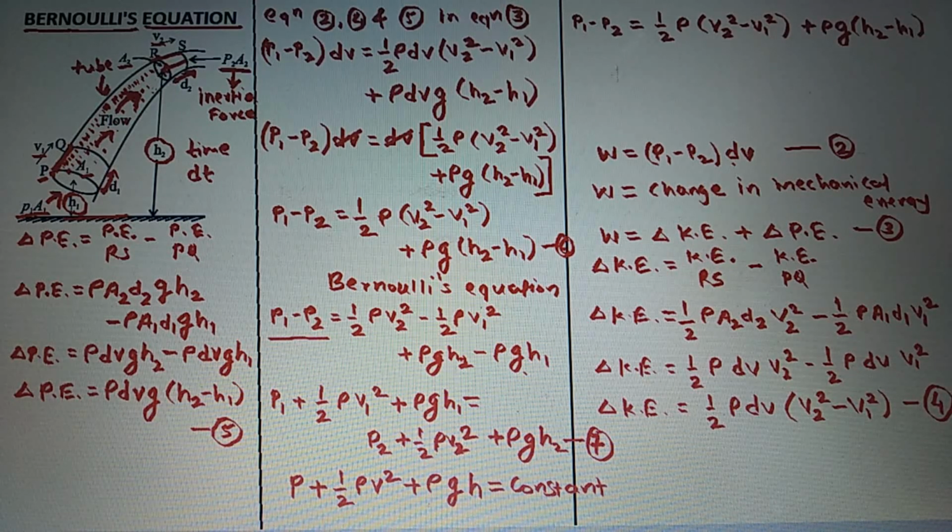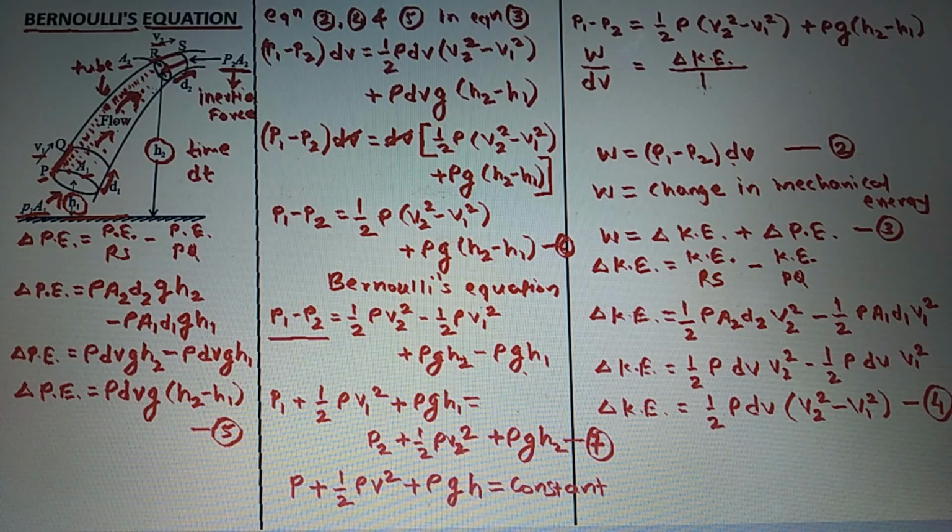So we can define this Bernoulli's equation as the work done per unit volume of a fluid is equal to the sum of change in kinetic energy per unit volume and change in potential energy per unit volume that occurs during the flow of the fluid.